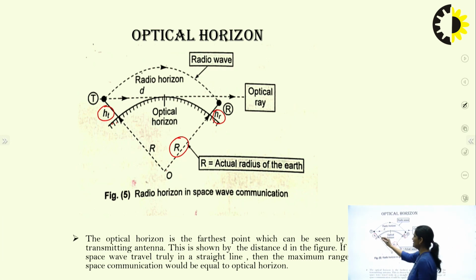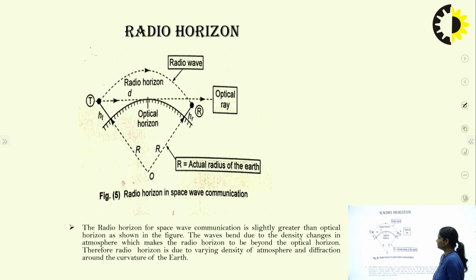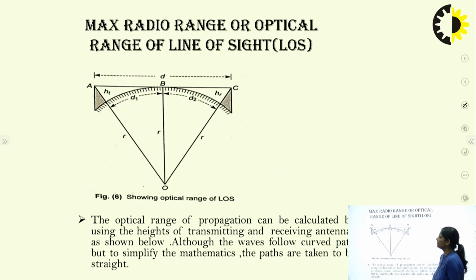Now here you are sending your signal from transmitter to receiver, through radio waves. This is the way, and when you are sending your signal by optical horizon, this is the way. Now, the maximum radio range or optical range, or line of sight.